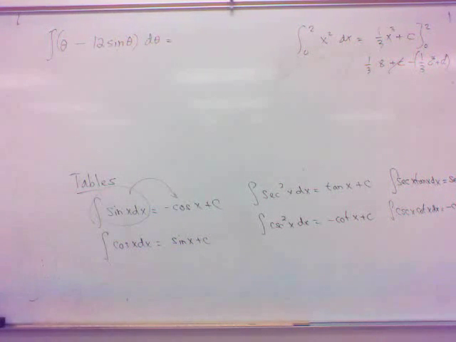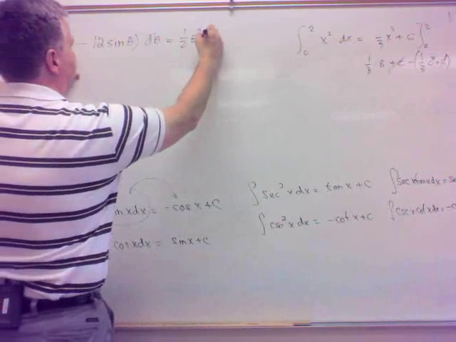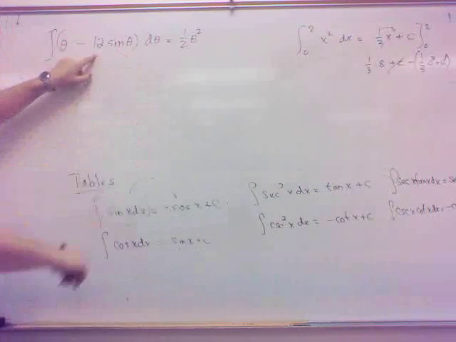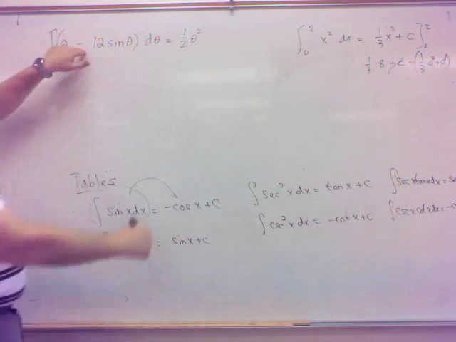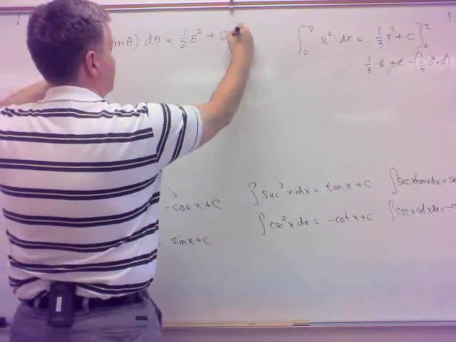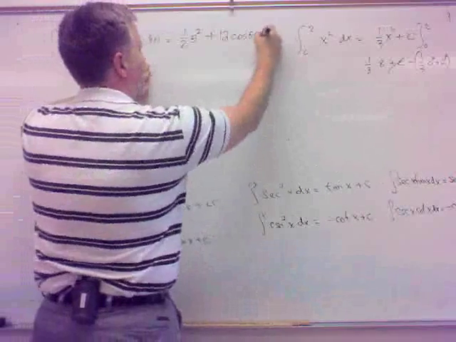Well, the variable there is theta. That's just like x, isn't it? X to the first power. This is theta to the first power. So that would be 1/2 theta squared. Minus 12 sine theta, well, you got to think about it, the integral of sine is negative cosine, so that makes it a positive 12 cosine. Everybody with me on that? Plus c.